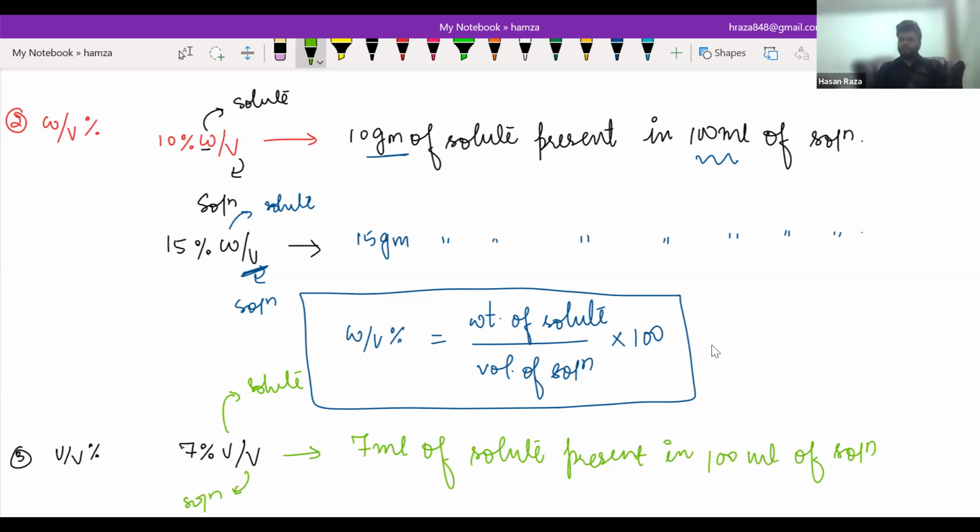Please write it. Then I will give a formula for volume by volume percent, and then we will move to next topic. This is very easy. There will be very rare question directly on weight by weight percent, weight by volume percent, or volume by volume percent. But it will be used in making tough questions of molarity, normality, and molality.